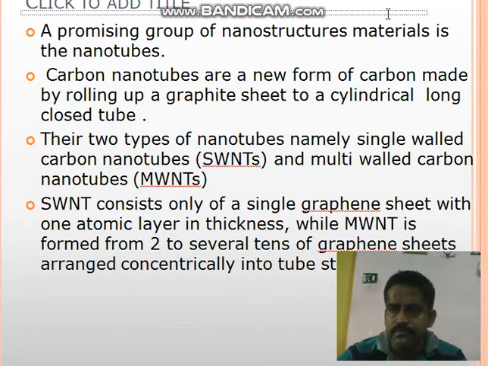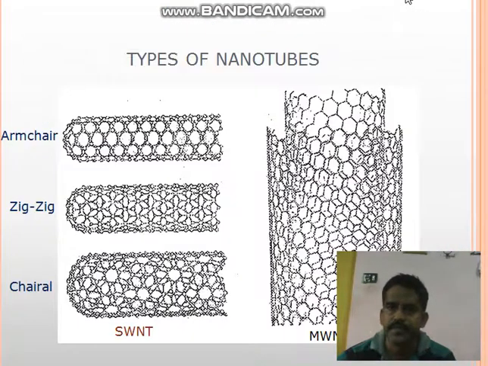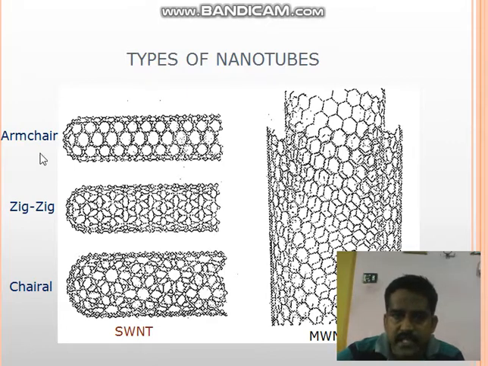Now, here, see the different types of nanotubes. These three are known as single-walled nanotubes, and this is multi-walled nanotube. MWNT and SWNT.